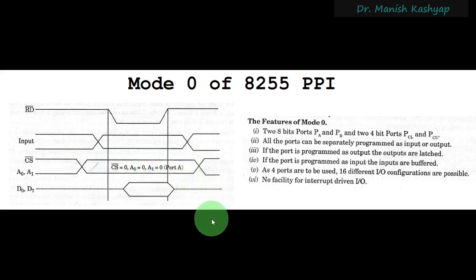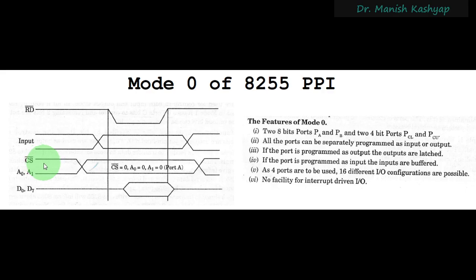Even if you don't remember this diagram, you can think logically. Suppose you are the microprocessor and you want to take some data from the peripheral connected to 8255. What will you do first? You will activate the 8255 IC first. For that, you need the chip select signal.